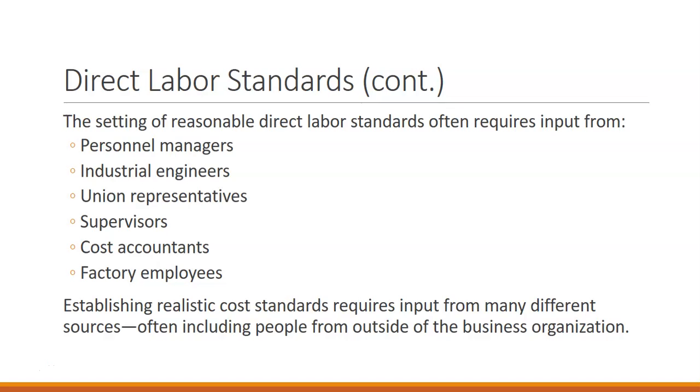We often need input from a variety of people about what those direct labor standards are. We can easily find out what the direct labor rate is per hour, but we don't always know how much time it takes to produce a unit of something.